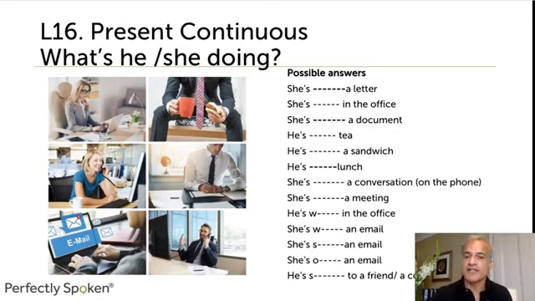So she's working in the office, she's preparing a document, he's drinking tea, he's eating a sandwich, or he's having lunch, she's having a conversation on the phone, she's having a meeting, he's working in the office, she's writing an email, or she's sending an email, or maybe she's opening an email.